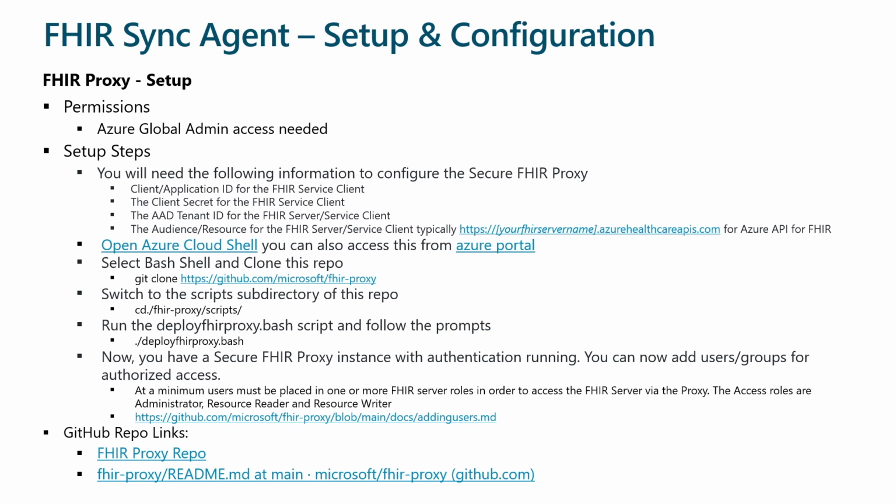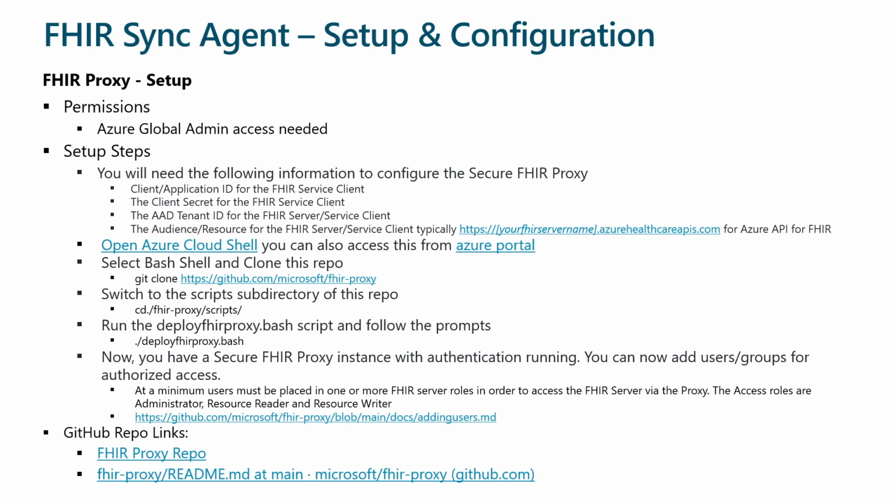Then the client secret from the same application, the Azure AD tenant ID for the Azure API for FHIR, and the audience and resource for the Azure API for FHIR, typically something.azurehealthcareapis.com. So these are the things that you need before you go ahead and run these scripts.